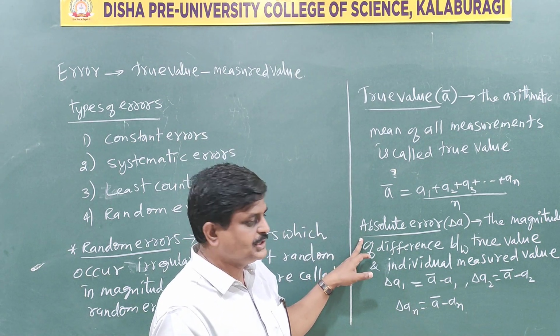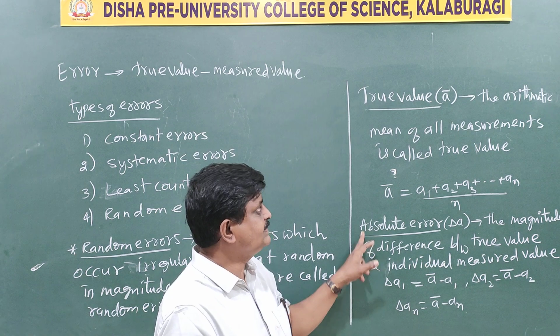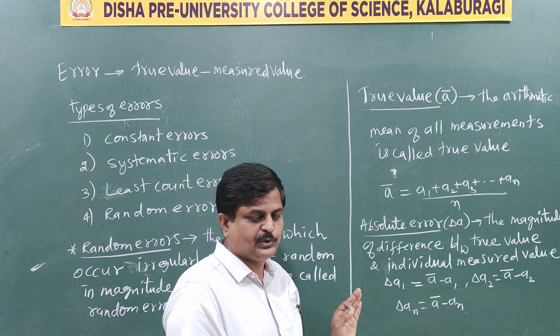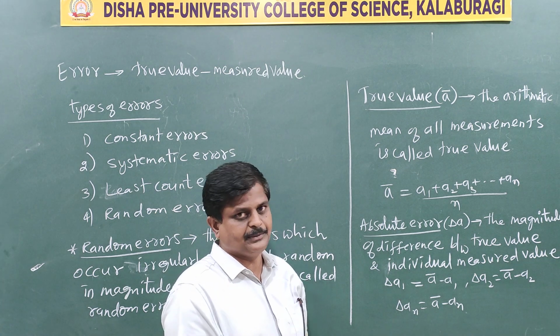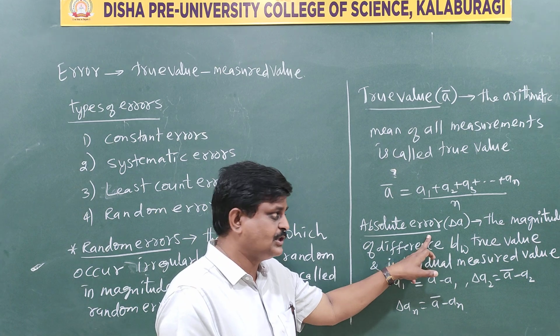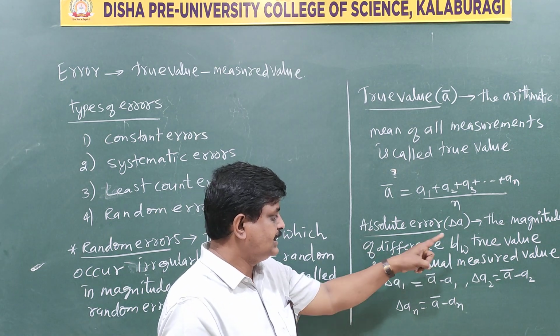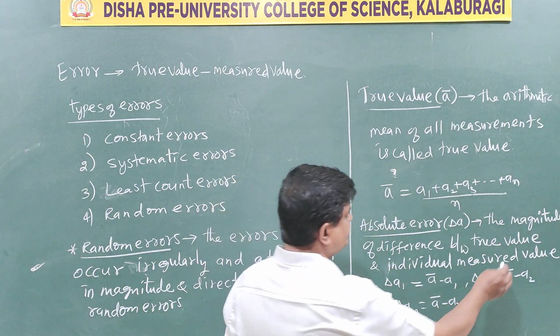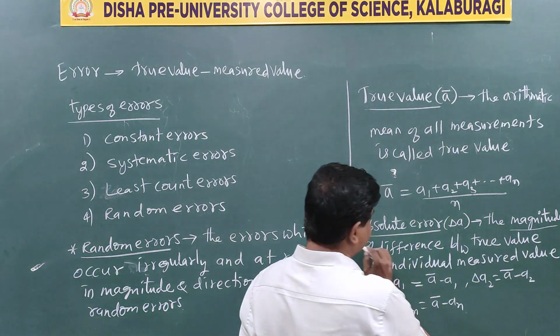Next, we move on to the absolute error. Please remember, these concepts are developed only to eliminate what type of error? Random error. What is absolute error? It is the magnitude of a difference.